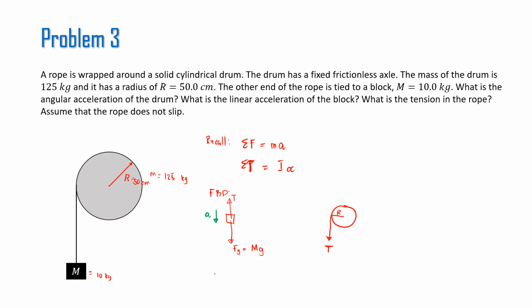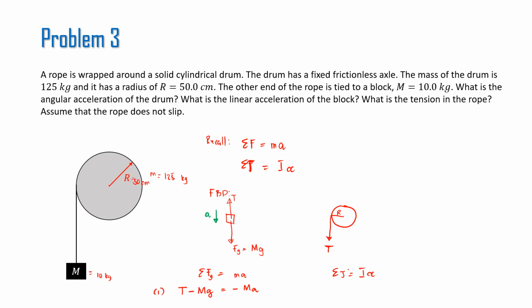Now we have to take note that summation of forces along the y is equal to ma, and the summation of torque is equal to I alpha. So the forces acting, this is equal to minus ma, since the acceleration is directed downward. So this is our first equation.